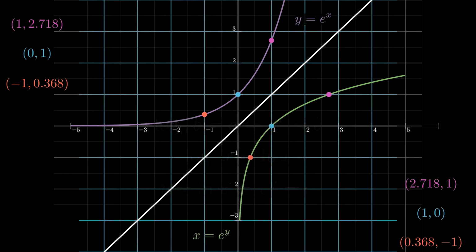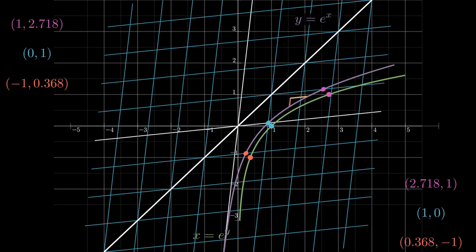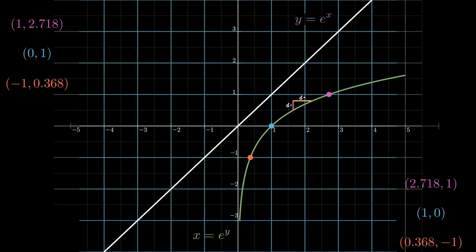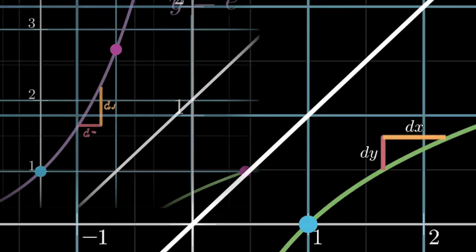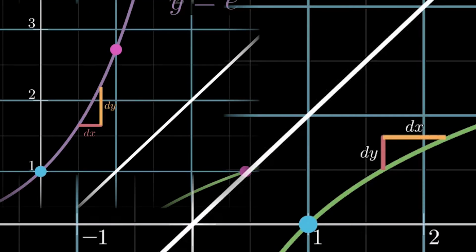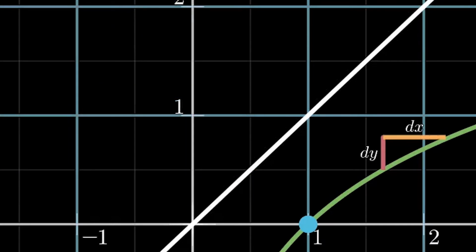As we can see here, if we flip these small changes in x and y about the line y equals x, what we notice is that it represents the exact same small changes on our logarithmic function, where the dy, or the small change in y, now represents dx, and the small change in x now represents dy. And so this tells us something that we can definitely use.